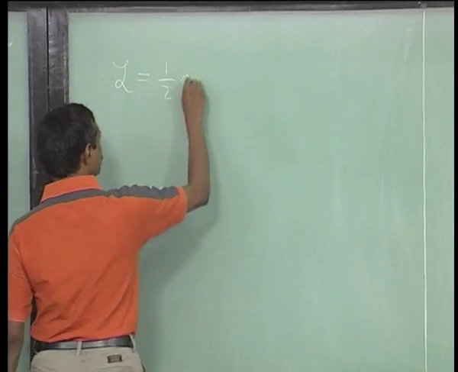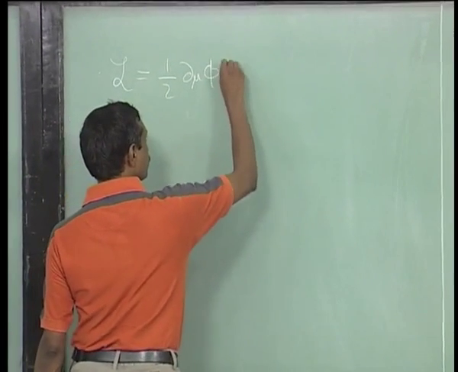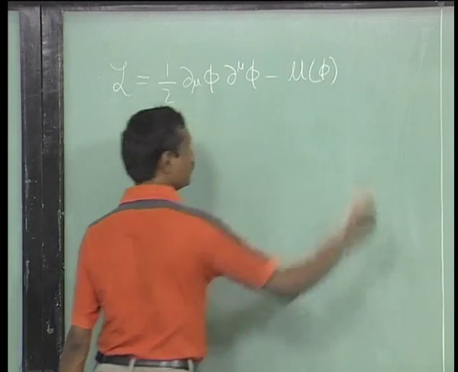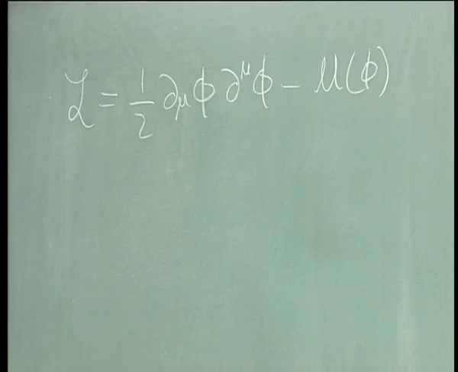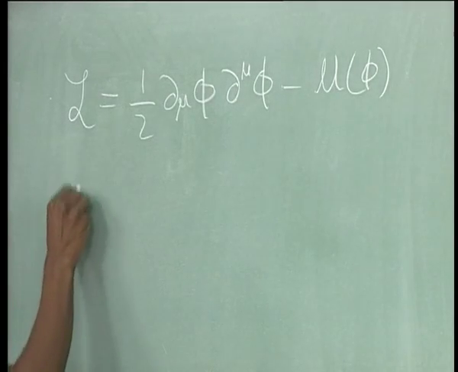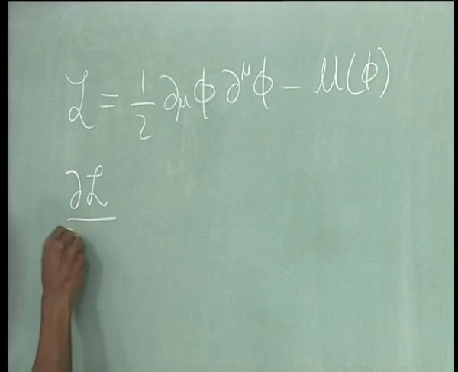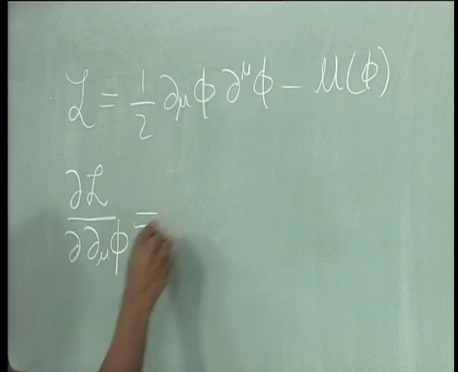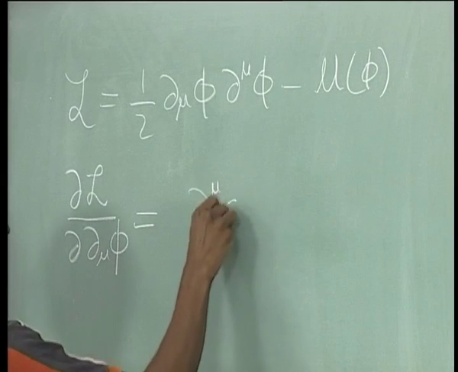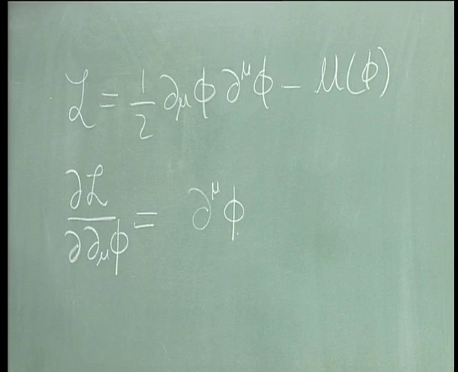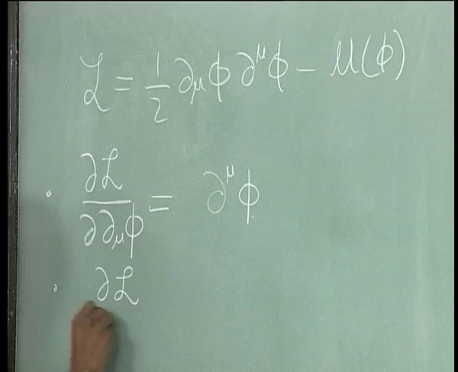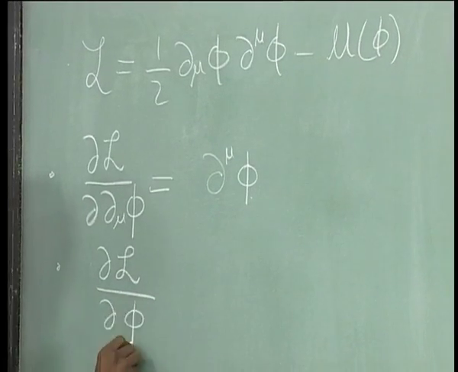Okay. So, we need to evaluate this object. So, this will just be d mu of dL by d of d mu phi of the field phi.